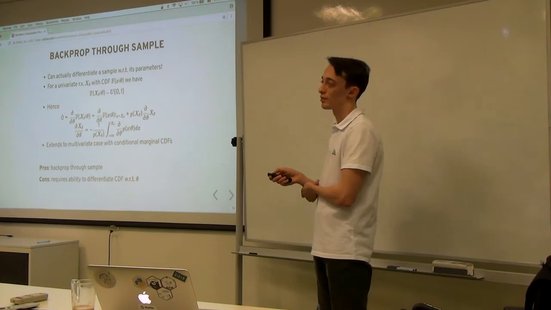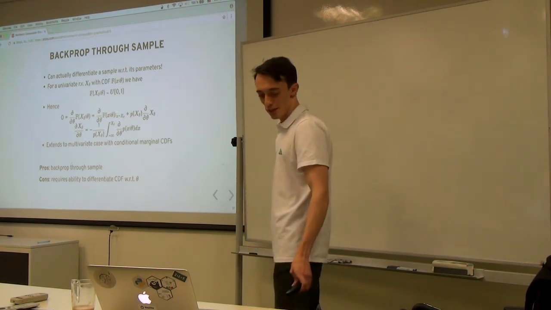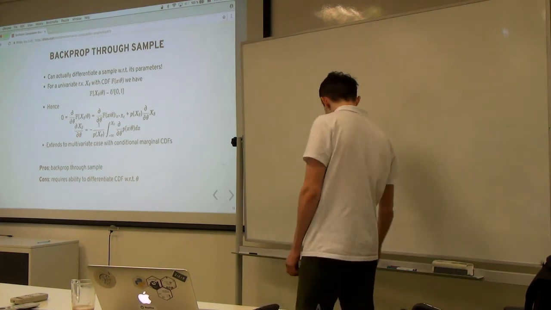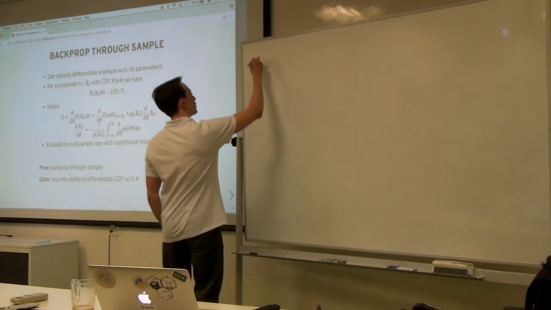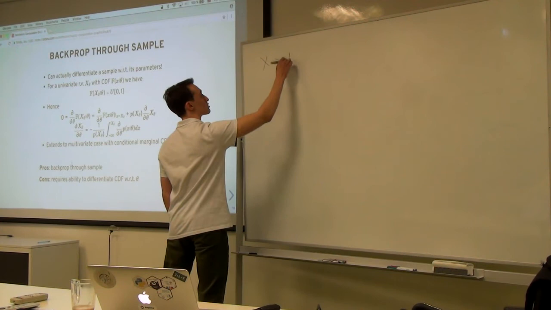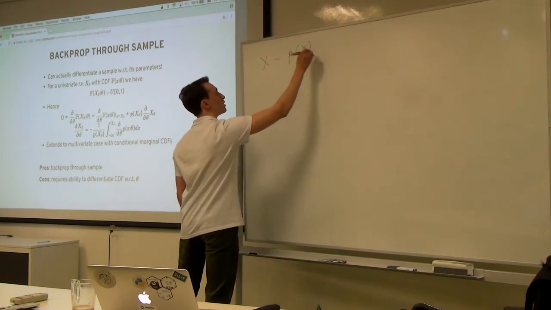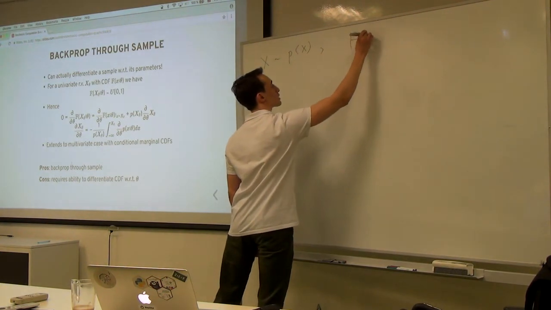How did you get this decomposition? How did you derive it? Okay, let's derive it on the whiteboard. Suppose we have some x that comes from the distribution pi of x, and its CDF is f of x.